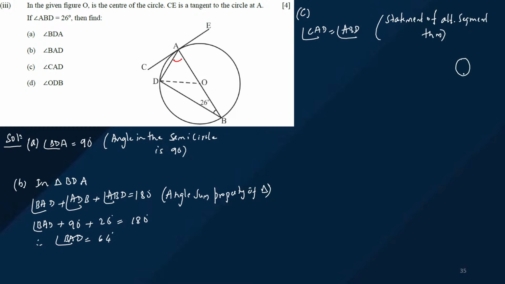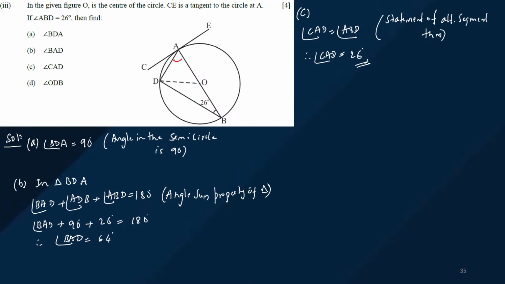Whenever a circle is there and you have drawn the tangent, the angle between the tangent and a chord drawn at the point of contact is equal to the angle in the alternate segment. That statement of the theorem should be written. Clear? So CAD is equal to ABD. Therefore, CAD is equal to 26 degrees.